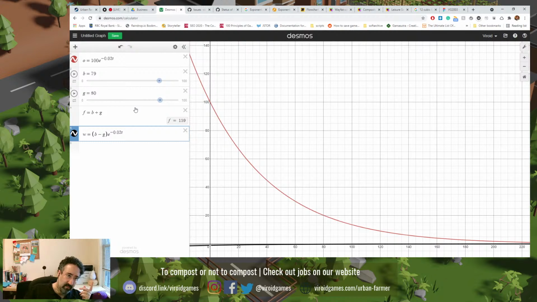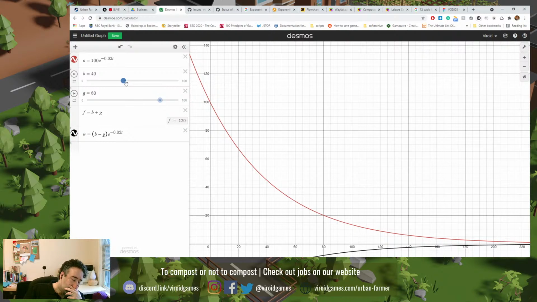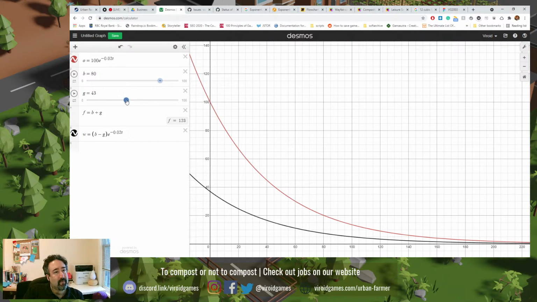Because this is what I'm thinking. If we have green material twice the amount of brown material, imagine this is adding some water and this is taking that water away.